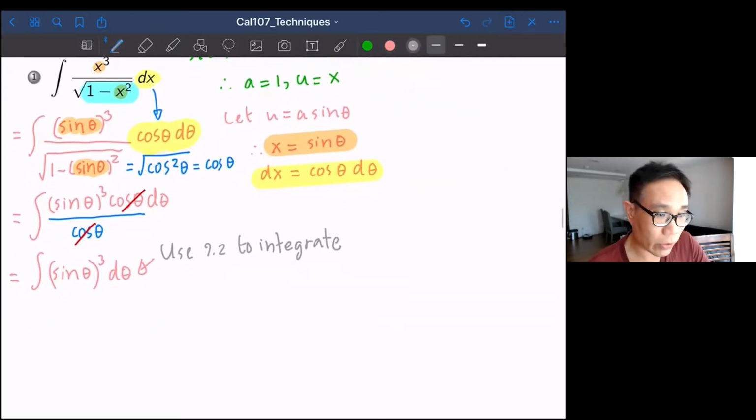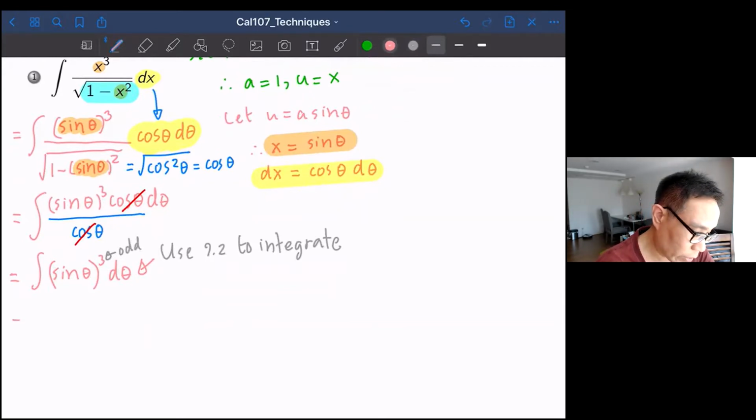So you have the integral of sine cube, and this is an odd power of sine. So in this case, you're going to write sine theta square times sine theta d theta.